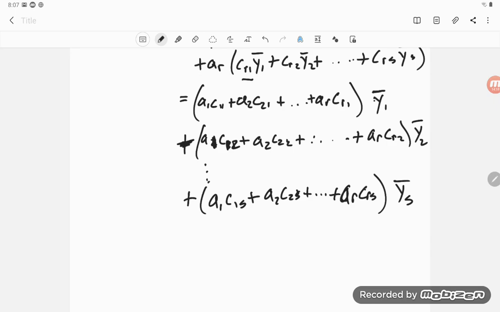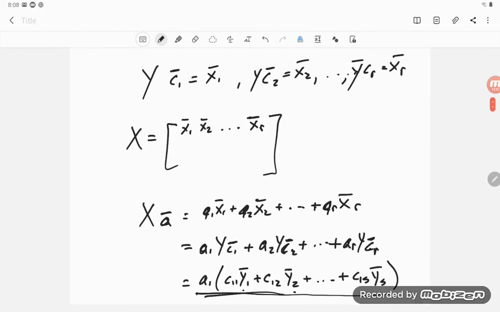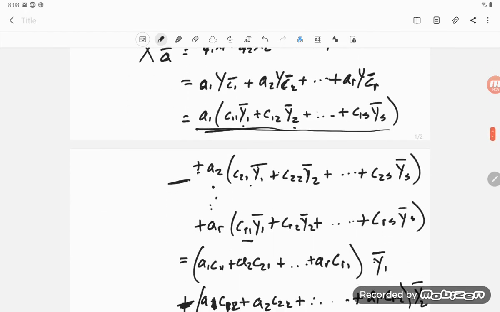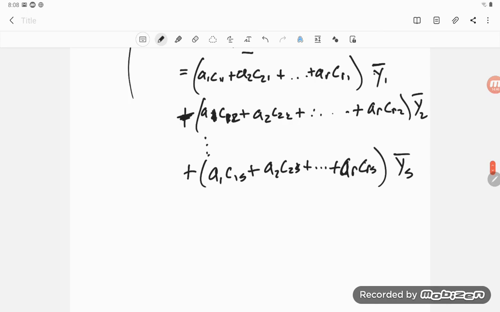And so, if I really worked at this, I might be able to clean this up by turning the collection of those C's into a matrix, and then I might be able to stay out of all this component-wise stuff in order to make a cleaner argument. But nonetheless, here we get through our argument and we have a linear combination of the Y's.